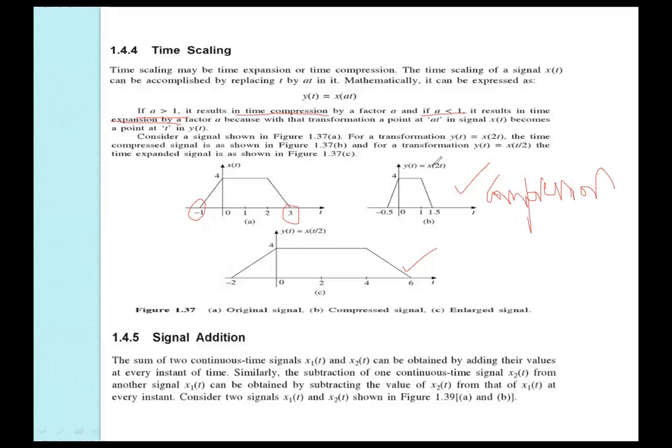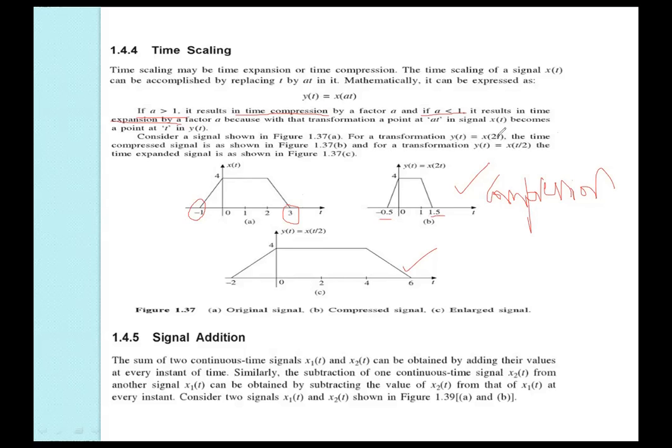See figure A, the transformation is y of t is equal to x of 2 into t. Divided by 2, minus 1 is compressed to minus 0.5, and 3 is compressed to 1.5. On the left hand side we get minus 0.5, on the right hand side we get 1.5. The given signal varies from minus 1 to 3.